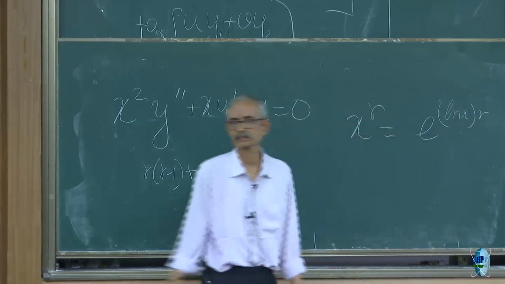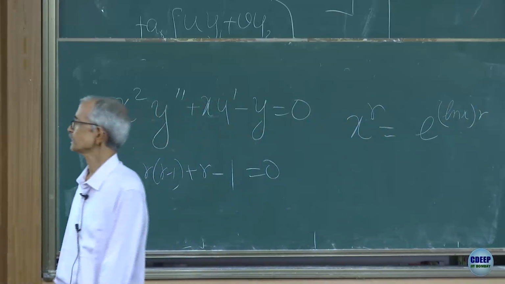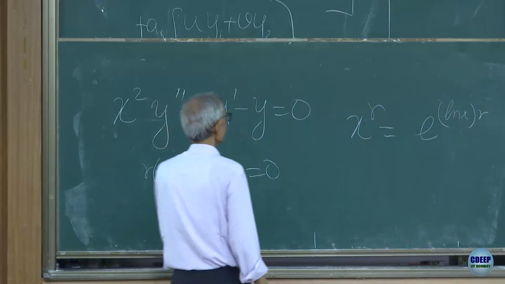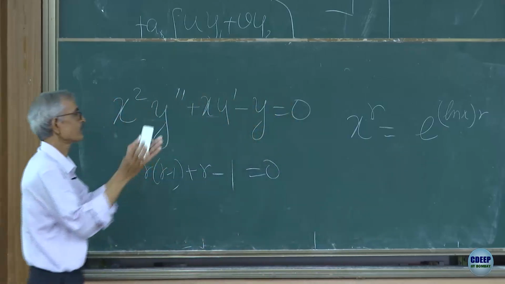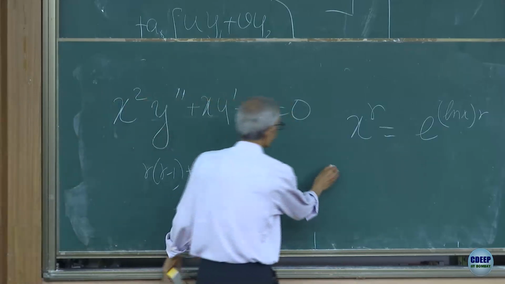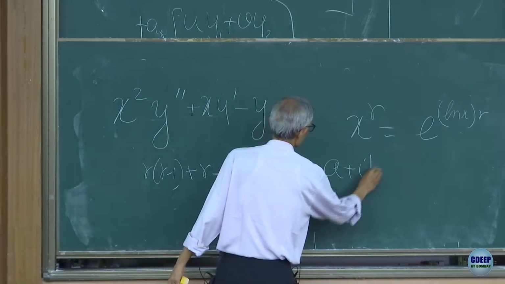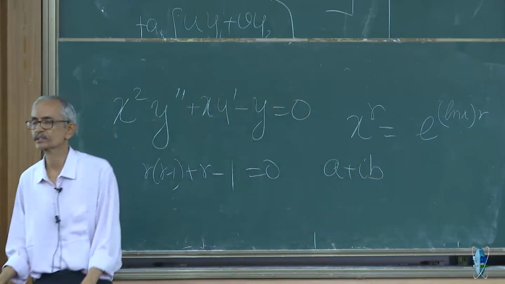Okay. And now I'm going to use this, and if the roots are complex, suppose I have a plus ib as my roots.